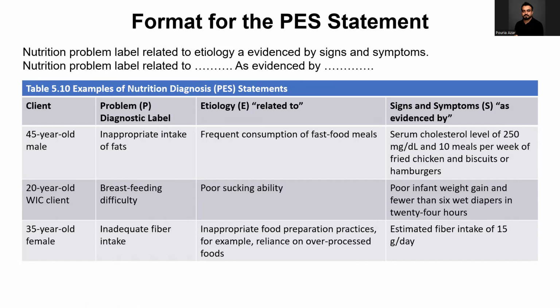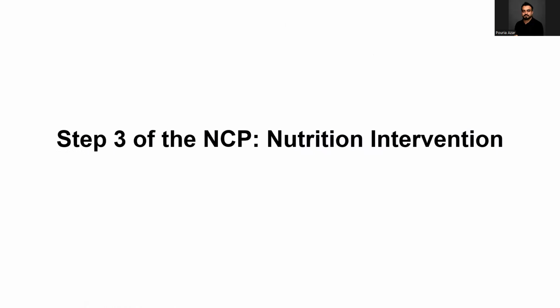And for the third client, we say inadequate fiber intake related to inappropriate food preparation practices, for example, reliance on overprocessed foods as evidenced by estimated fiber intake of 15 grams per day. This is how we format the PES statement in nutrition diagnosis.